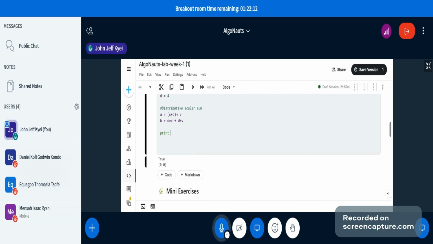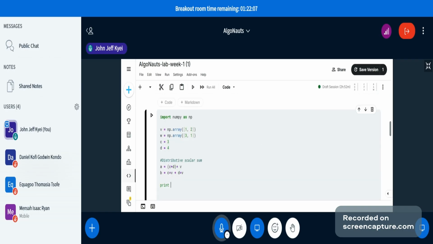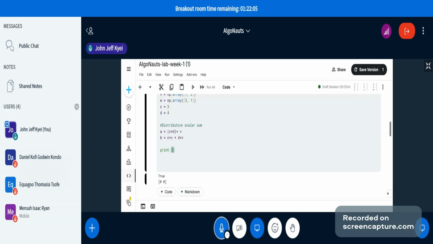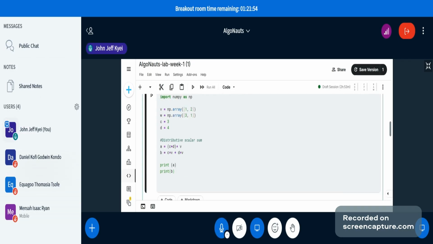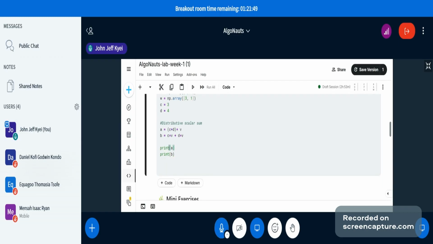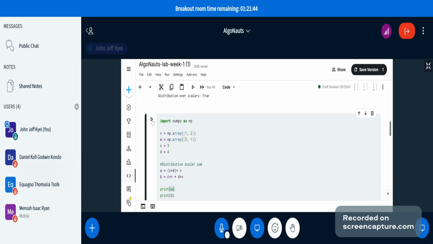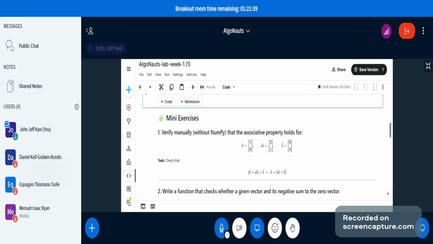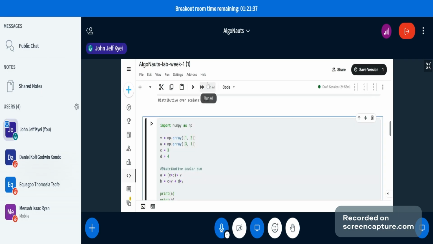So print A and print B, and let's see if you get the same thing. Run everything over again.